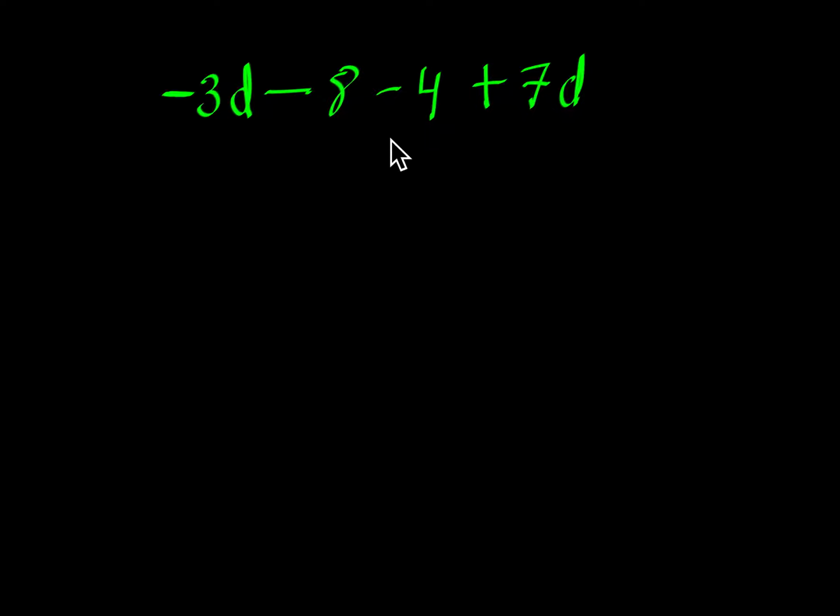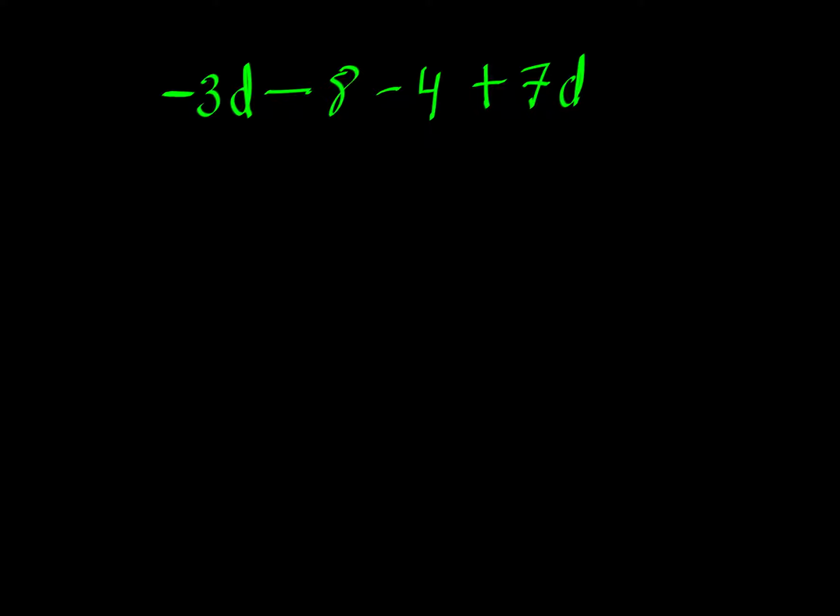Negative 3d minus 8 minus 4 plus 7d. So basically, when you simplify algebraic expressions, the main thing you're going to do is to add like terms or collect like terms, which means you're just going to add the algebraic terms that are similar to each other.